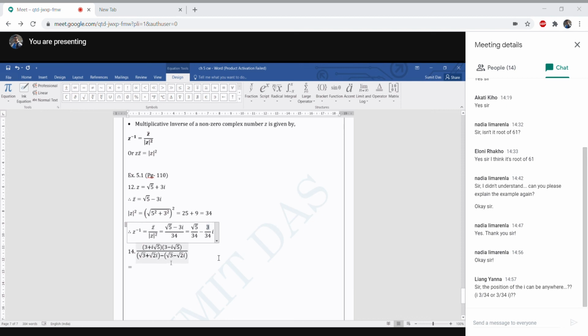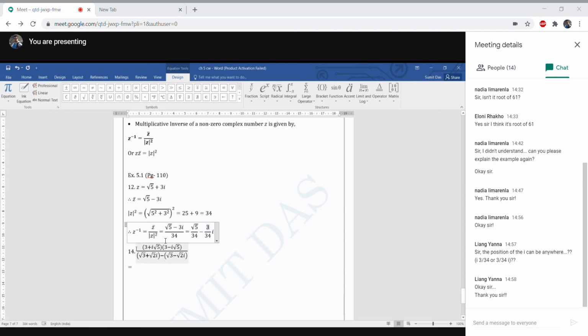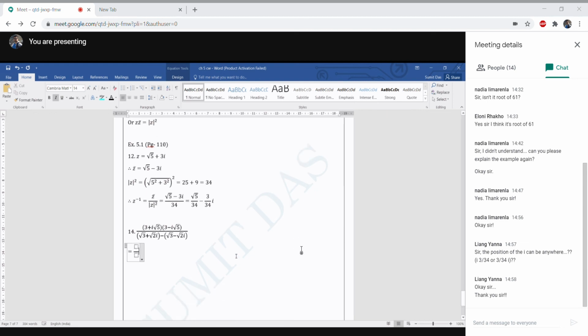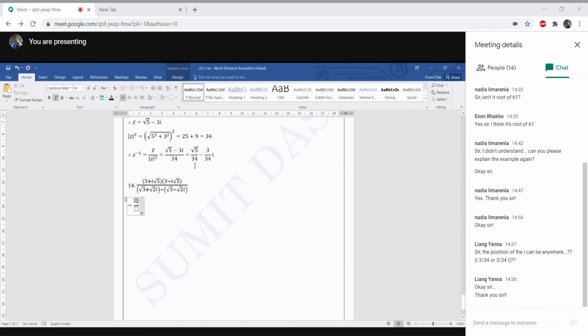So here in the next question we have a complex expression. We have to convert this one into a plus ib form. So we just do multiplication in the numerator and denominator. Numerator will be 3 into 3, 9, then minus i 3 root 5.